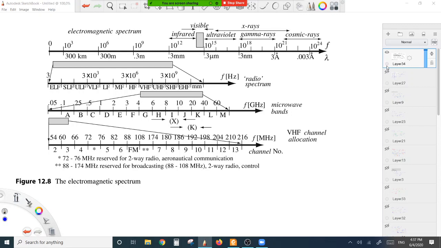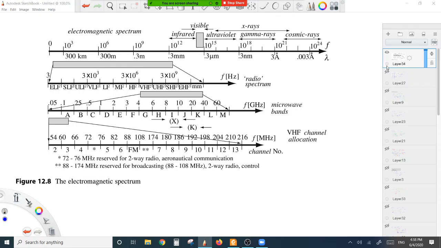So if we look at the electromagnetic spectrum, or at this picture, we may note the following.